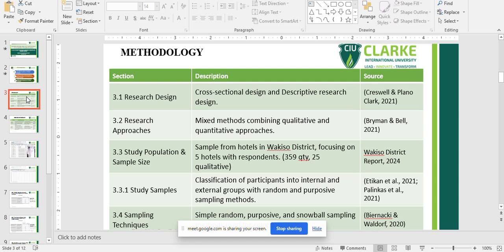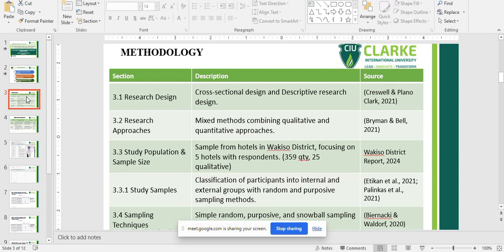Then also I blended this with the descriptive research design to describe the characteristics of the respondents, looking at their suggestions, their views, and their opinions in relation to the independent variable, which is the customer experience, and then also the dependent variable, which is the hotel competitiveness.